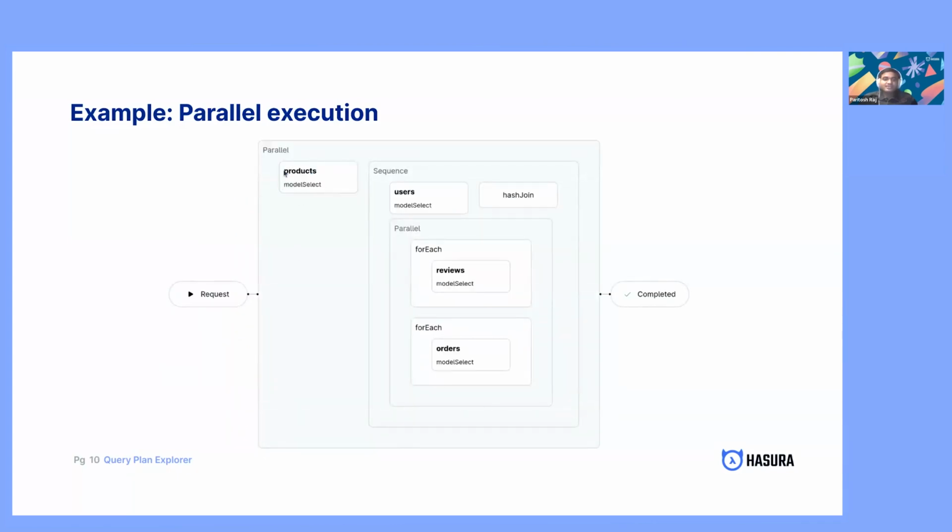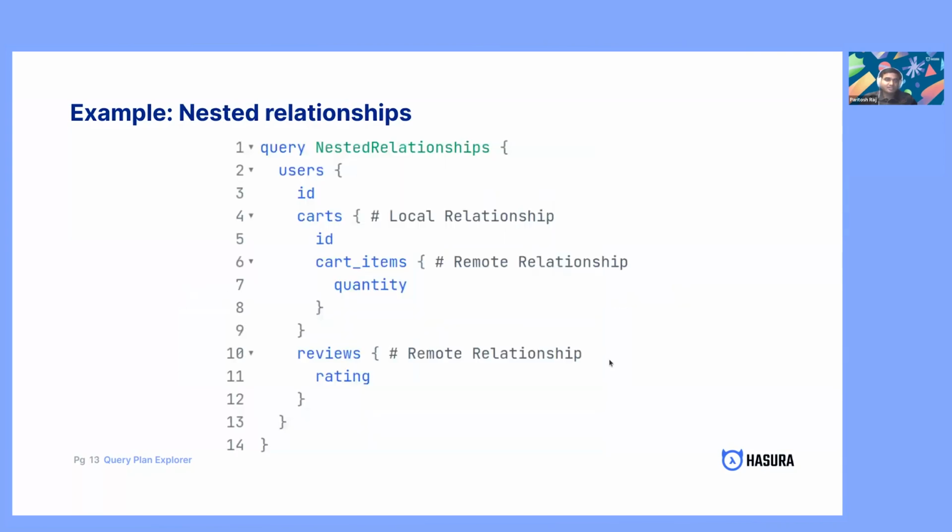Here we can see that it is going to execute things in parallel. We will have a parallel fetch from the products model, and then we have some sequential steps where we are fetching data from the user model. Then we are going to fetch in parallel from the reviews and orders models, and then we are going to hash join, and then we will get the result.